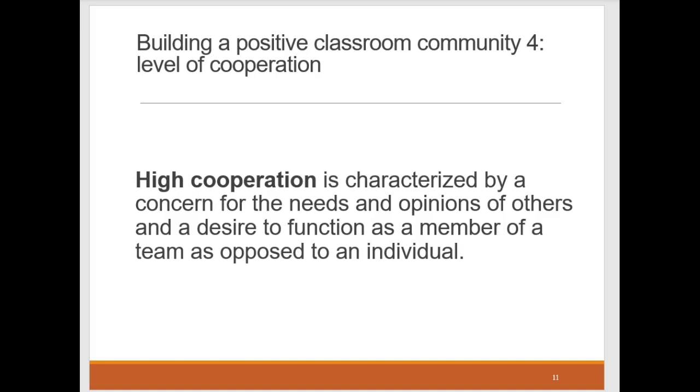Besides dominance, and it may seem counterintuitive, when we look at dominance, we're also looking at the other side of the coin, which is cooperation. And high cooperation is a concern for the needs and feelings of others and a desire that everyone function as a member of the community, as opposed to being a lone individual out there.